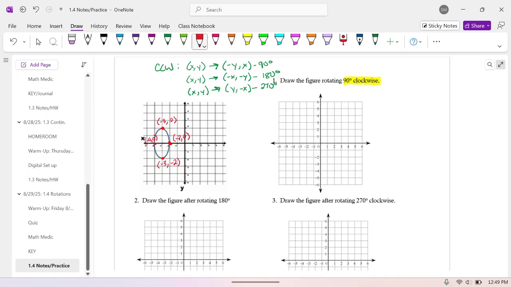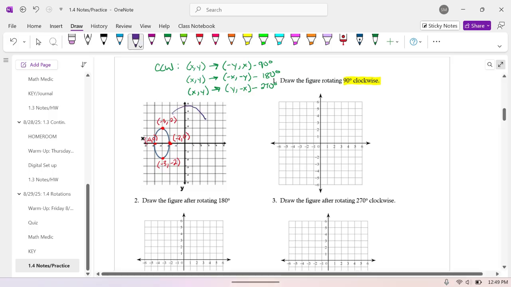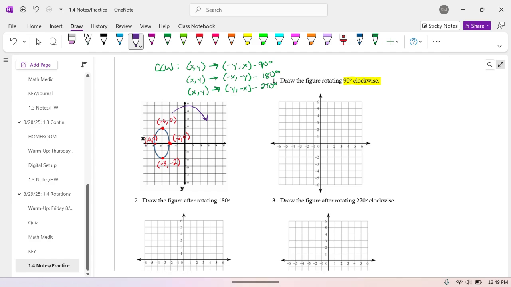All right, so we are now going to rotate this 90 degrees clockwise. So we're going in this direction. So I'm first going to look at what quadrant these are already in. So, for example, negative 3, 2. Okay. It's in quadrant 2, and I'm going to quadrant 1.